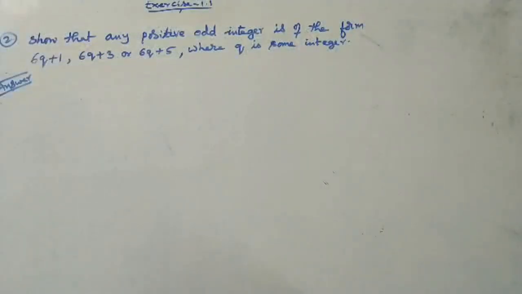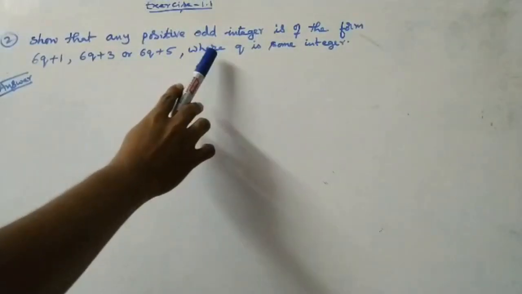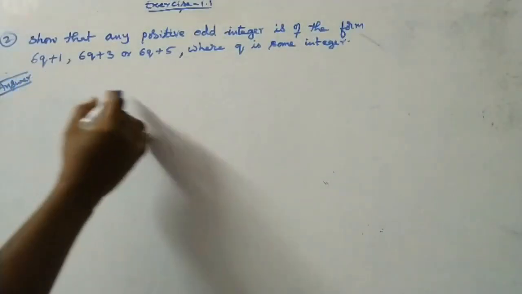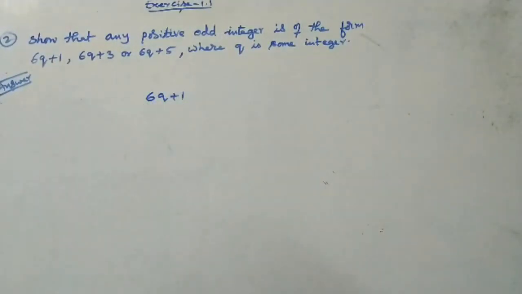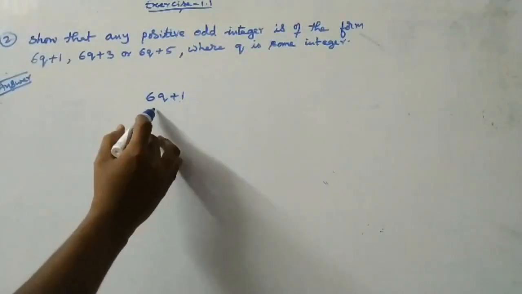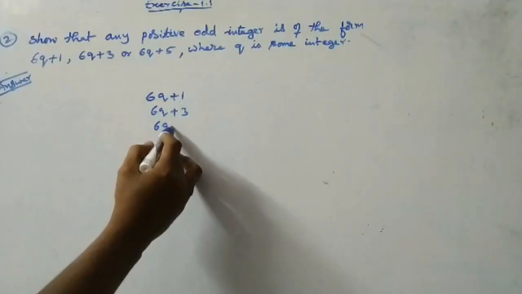Second sum. Show that any positive odd integer is of the form 6q plus 1, 6q plus 3 or 6q plus 5, where q is some integer. Observe here, he asked to show that every odd positive integer is of the form 6q plus 1, 6q plus 3, 6q plus 5.